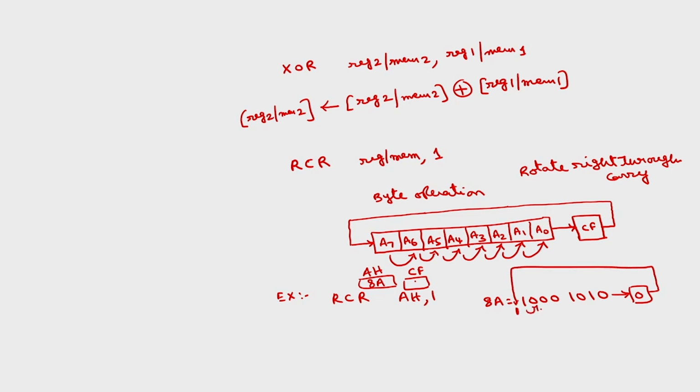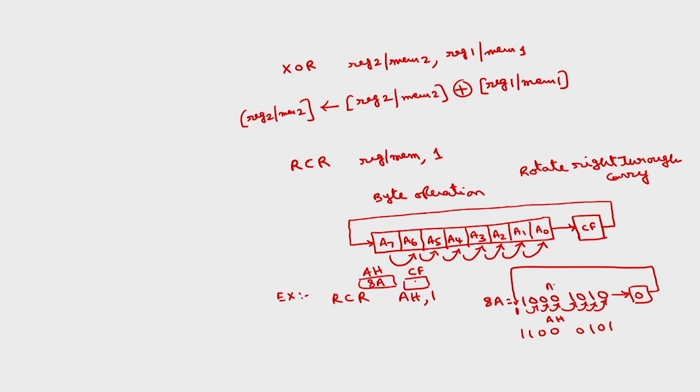So, this will move here, this will move here, this will move here, this will move here. So, like this. So, what will be contents now? After this, this becomes 1100 0101. The last 0 has been entered into this carry flag. This will be contents of AH.